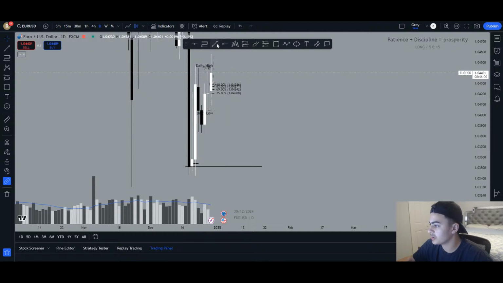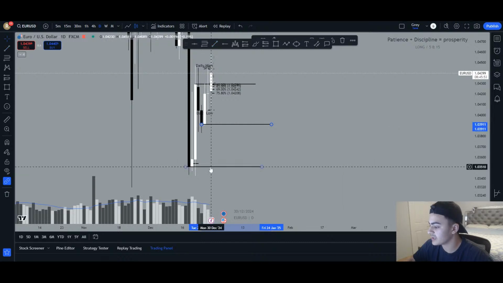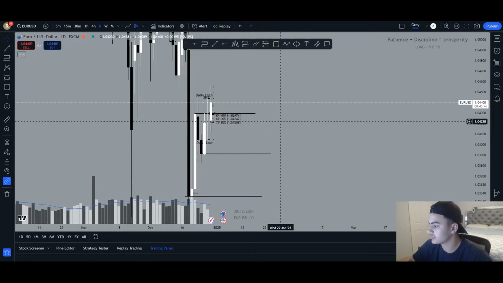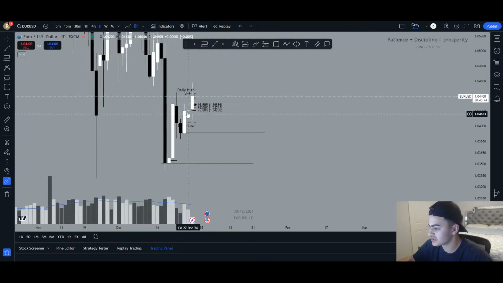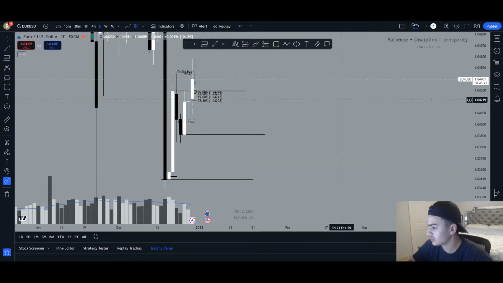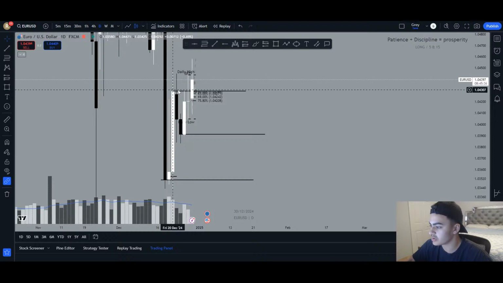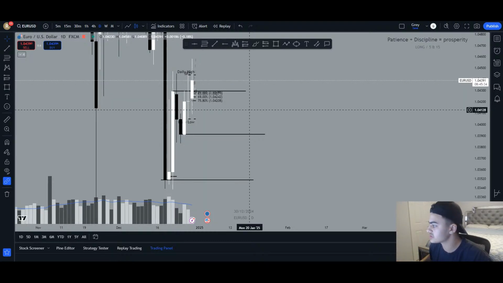It has this support here and this resistance, then created another support here, a support above the last support, making a higher support, so it's now a bullish trend. And since this candle didn't close bearish, it's still a bullish trend because it didn't create a resistance below the last resistance. It still hasn't created a resistance. So I'm not looking at the market as a bearish structure today.